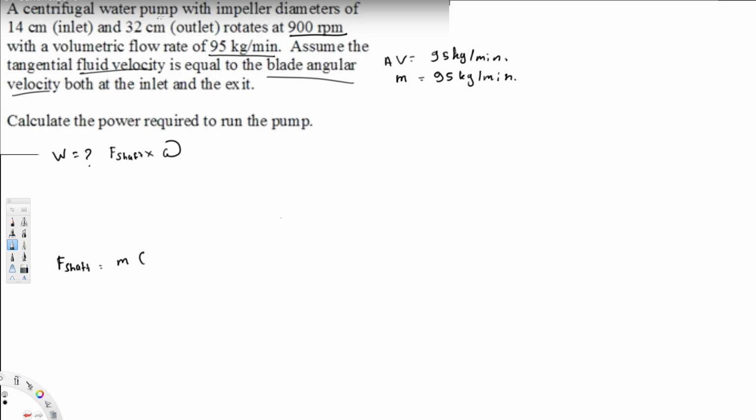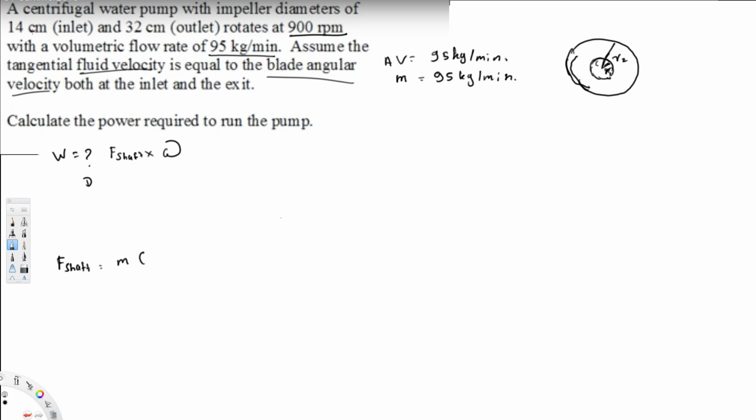They have provided the diameters, so let's list all the given information. If I consider the inlet R1 and the outlet R2, let's see what we get.